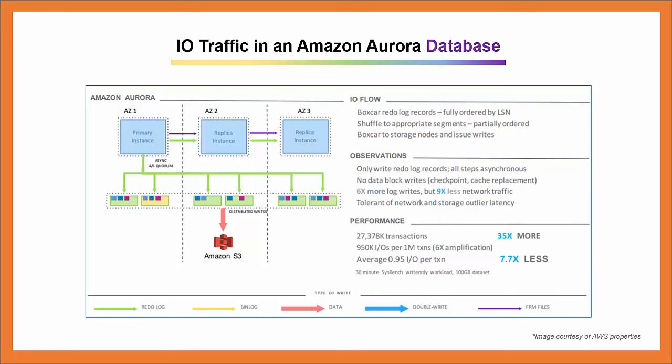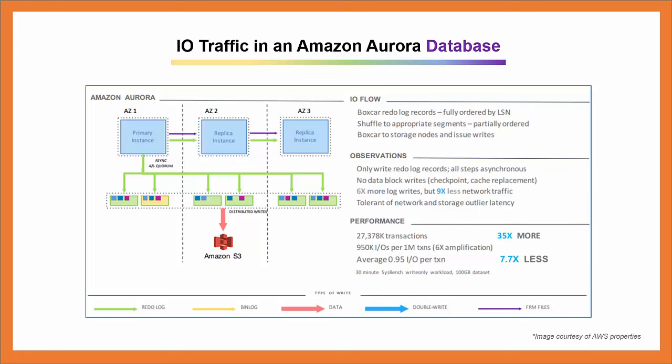They ran the same benchmarking test on Amazon Aurora that they did on MySQL in the previous slide. The result is that they were able to write 28 million transactions, which is 35% more than what was achieved with MySQL. That works out to about 950,000 I/O operations per 1 million transactions.